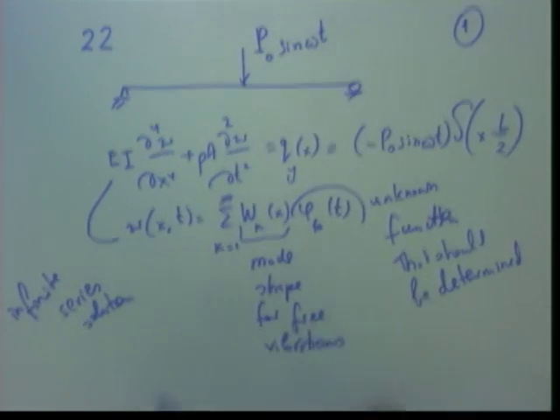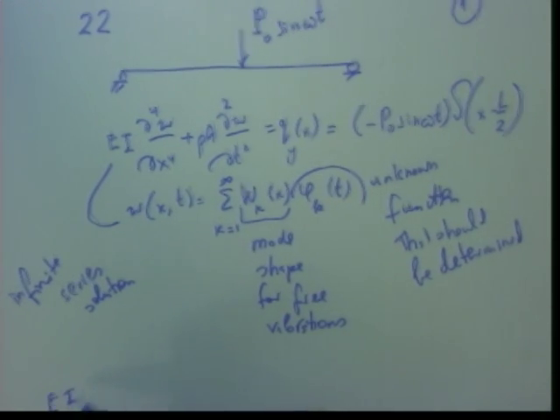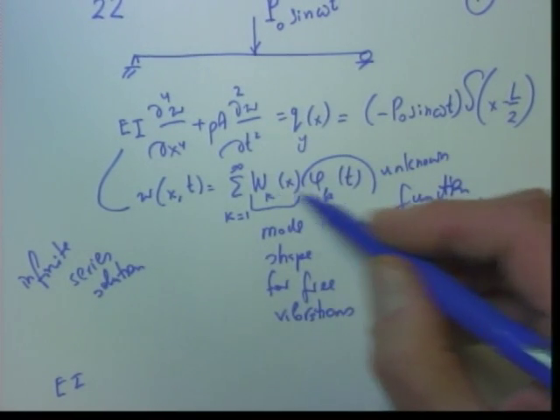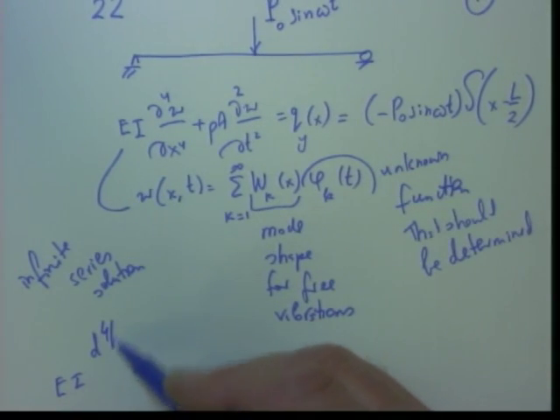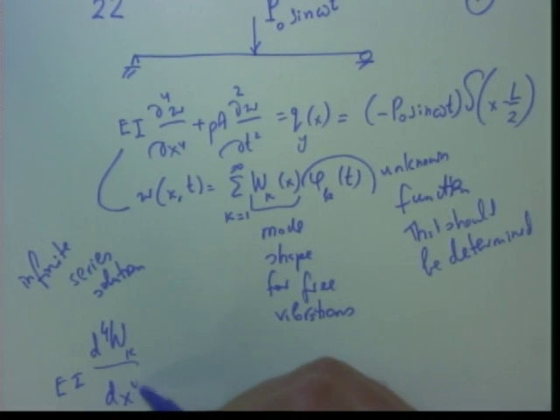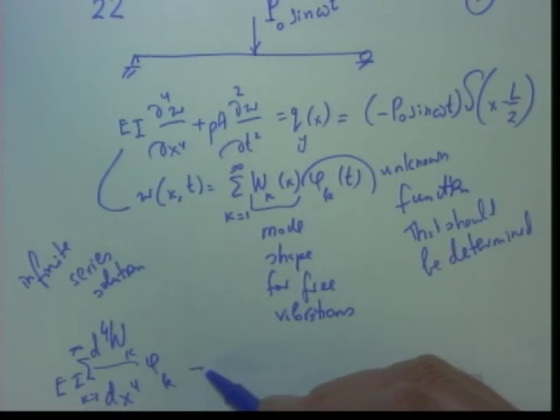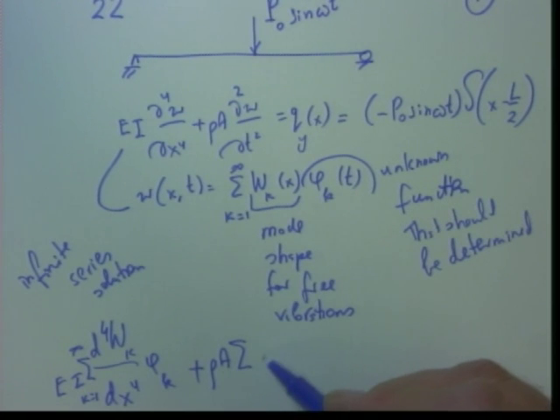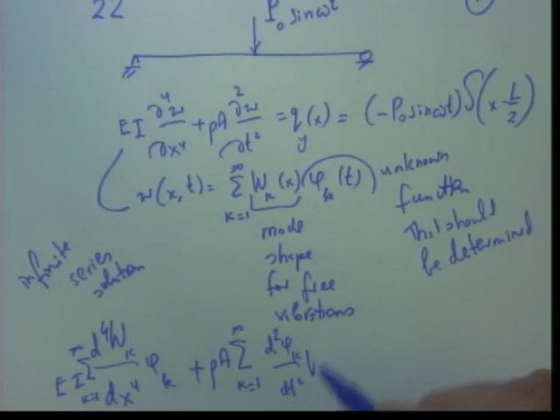We substitute this and we get EI, fourth derivative of this product, so that will be the fourth derivative of W_k with respect to x times phi_k, summed k from 1 to infinity, plus rho A, second derivative of w with respect to time, which gives the sum of d^2 phi_k/dt^2 times W_k.